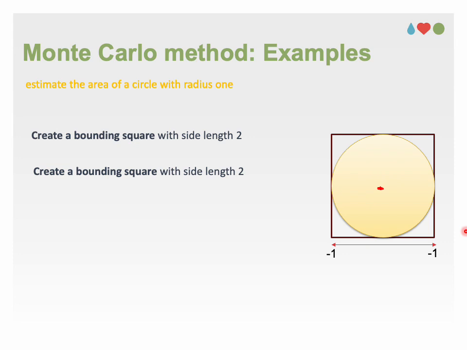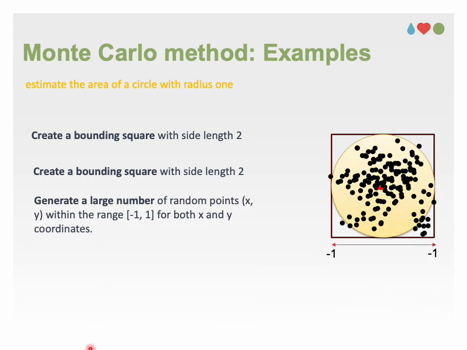In short, the basic idea is to generate a large number of samples within this square and use statistical properties of these samples to approximate the area of the circle.